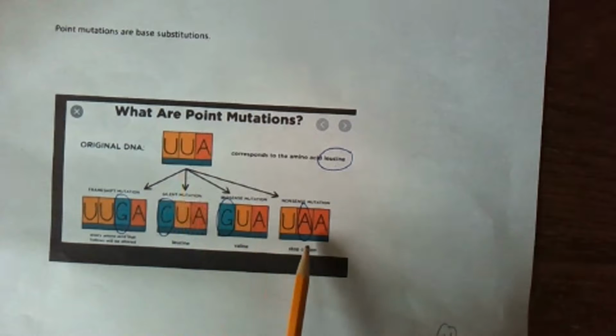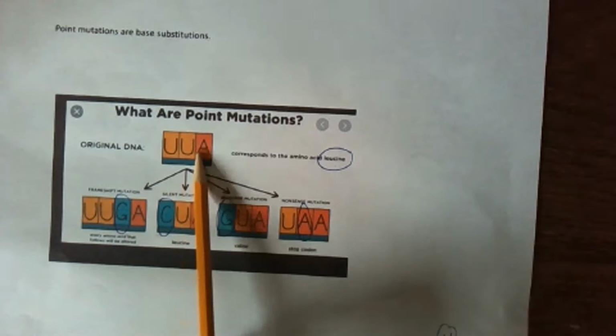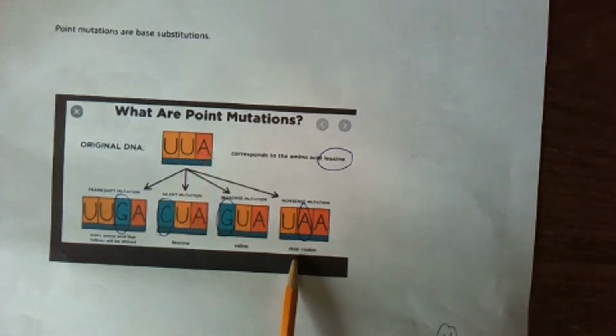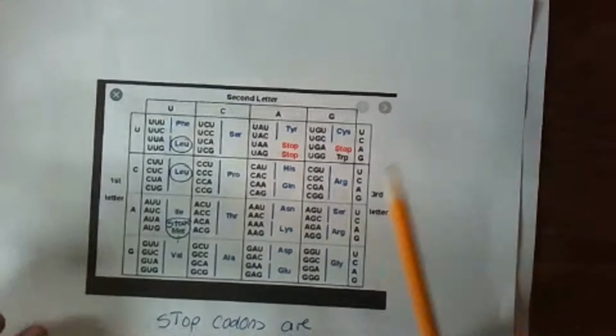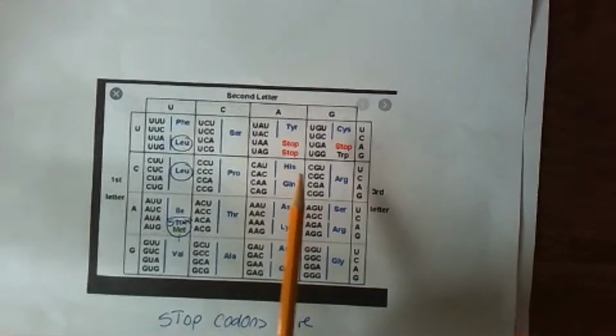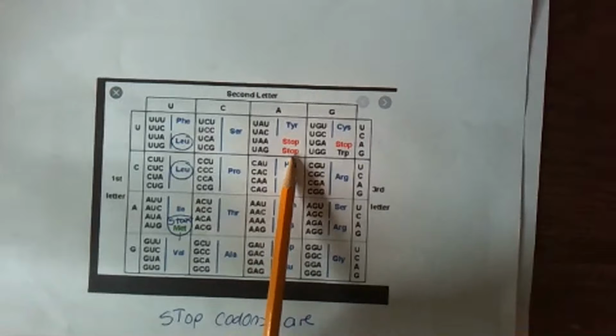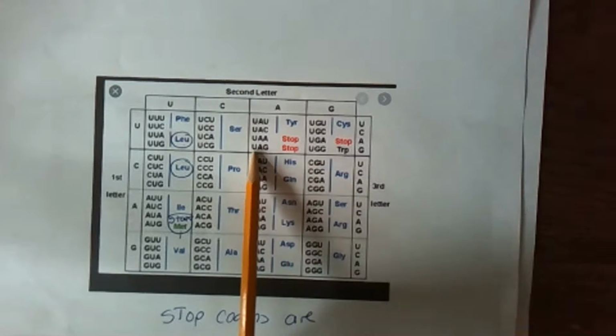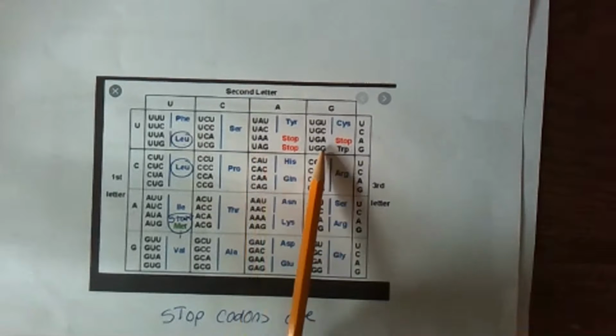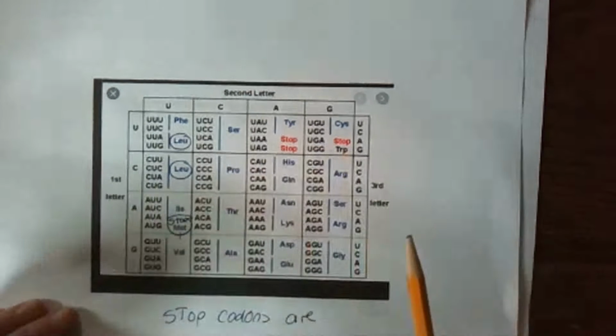And then sometimes just that one change, in this case UUA to UAA, creates a stop codon. That would be called a nonsense mutation. Some of these codons code for stop. That's when the translation would stop. Those are UAA, UAG, and UGA. So those are your different types of mutations, except the frameshift.